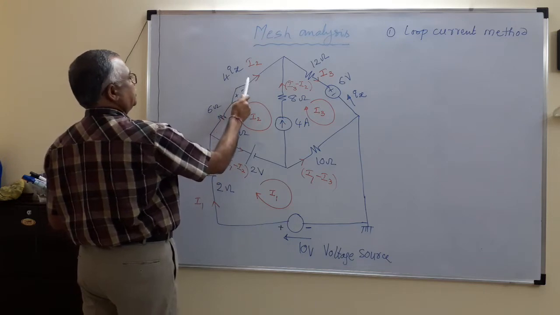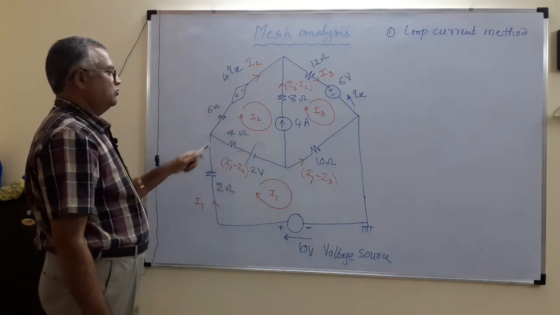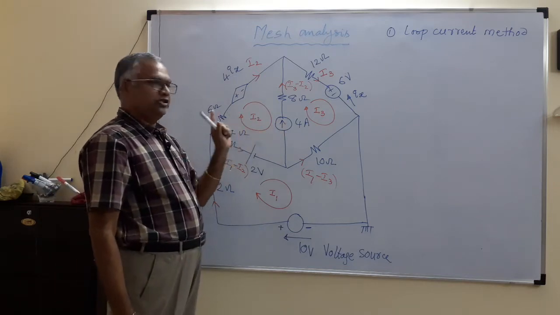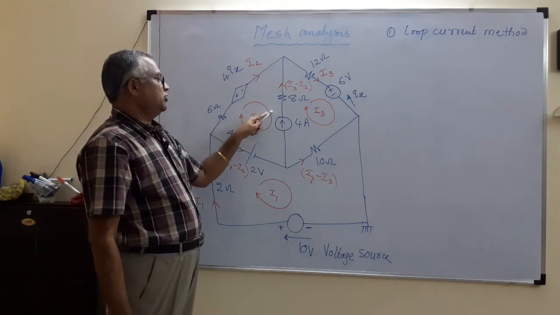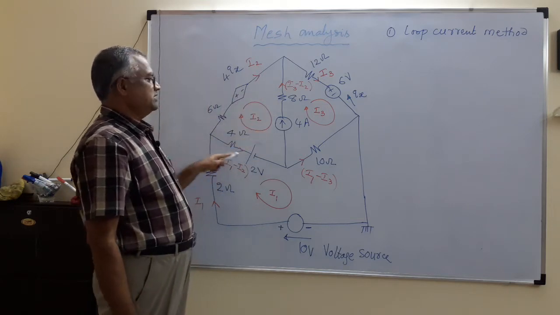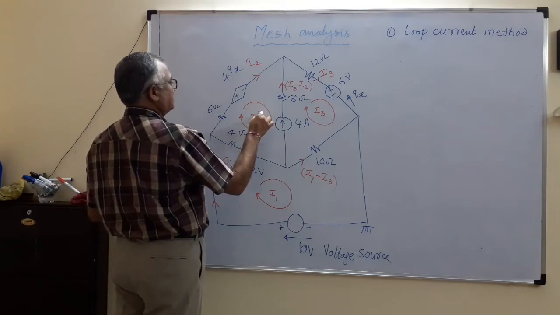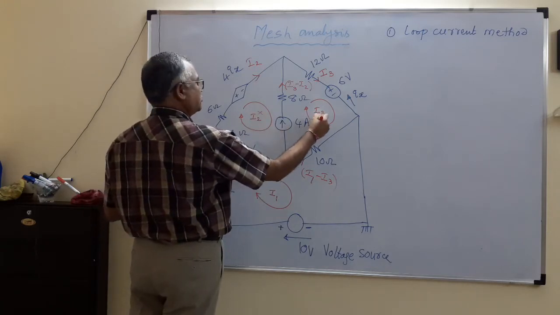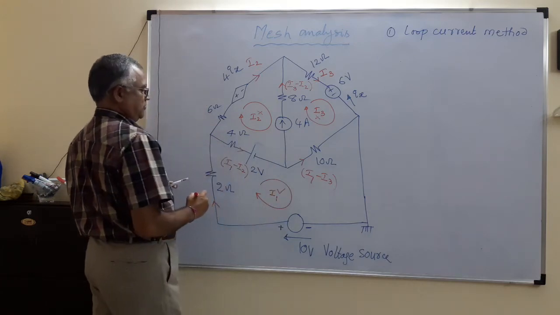Everywhere you can find voltages, but not across a current source. Voltage across a current source is not 0. Some value is there. What is that? We don't know. Without knowing, you can't write a mesh equation. So this is not possible. This is also not possible. But this is possible.